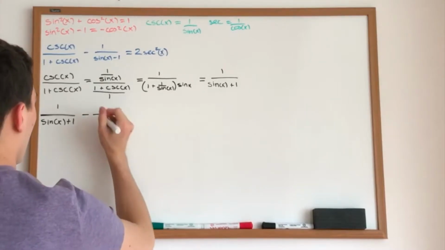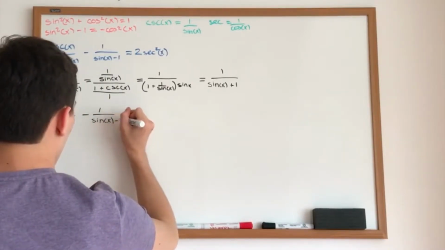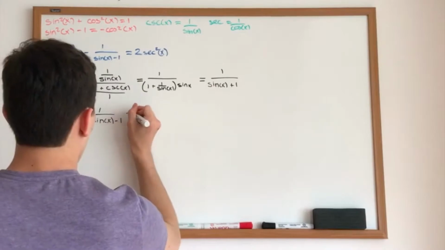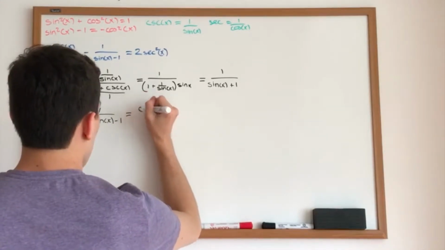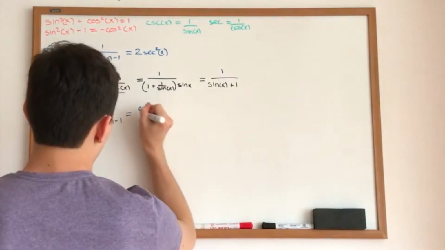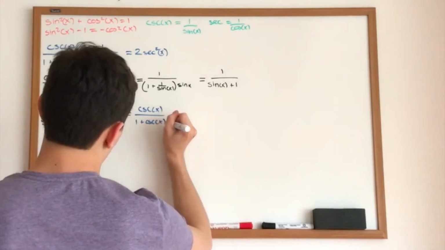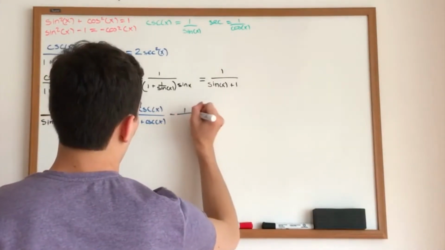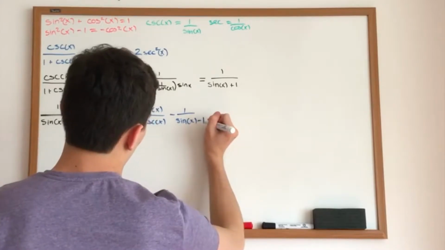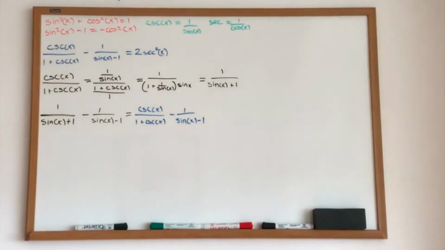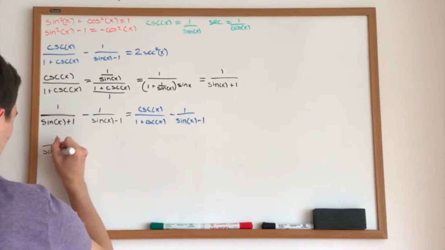If we subtract this from 1 over sine of x minus 1, this would be equal to the two first fractions that we got. Then, we can get common denominator out of this.